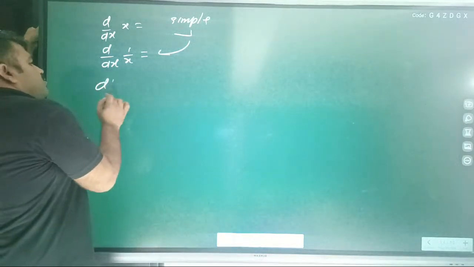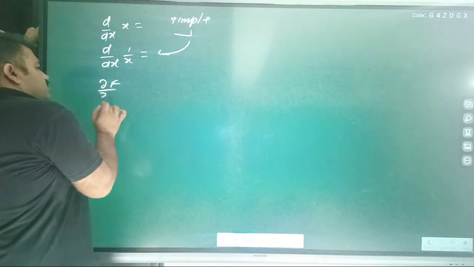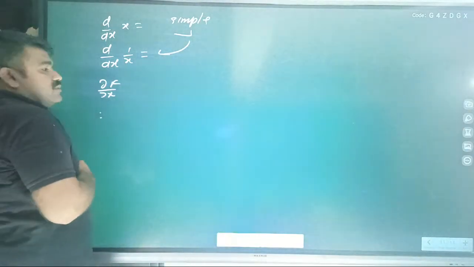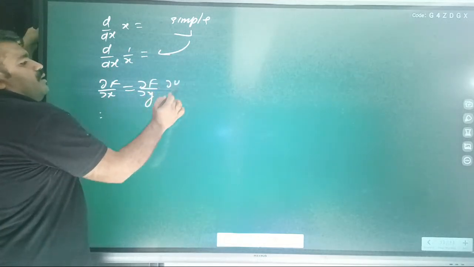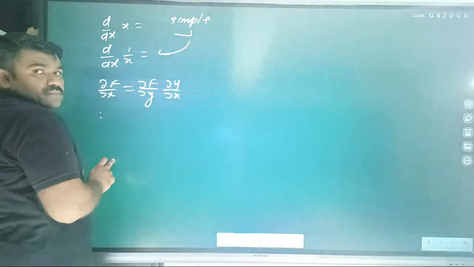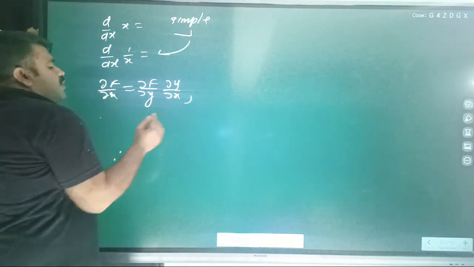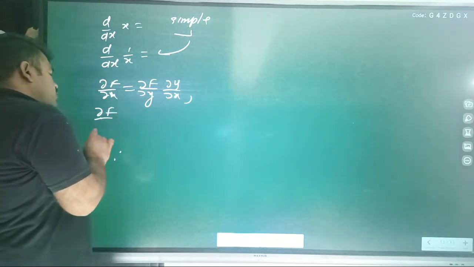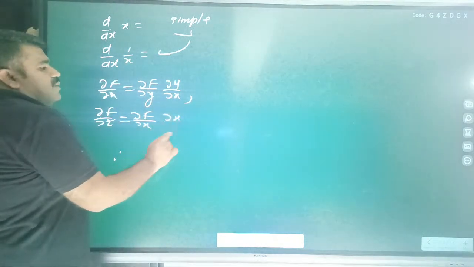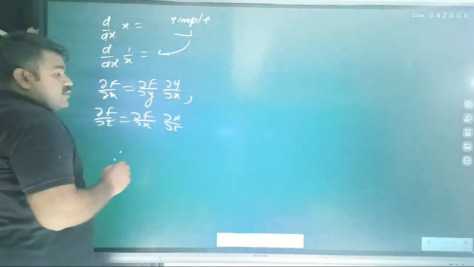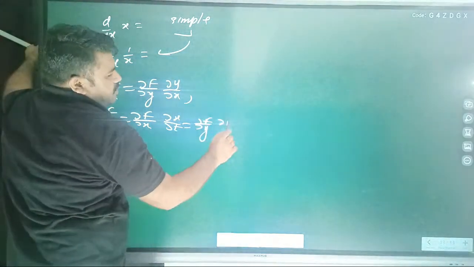Suppose ∂u/∂x. This can be written as ∂u/∂y into ∂y/∂x. Yes or no? Similarly, ∂u/∂t can be written as ∂u/∂x into ∂x/∂t, or this can be written as ∂u/∂y into ∂y/∂t.